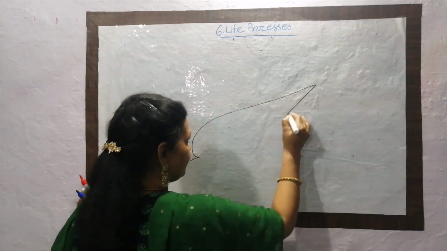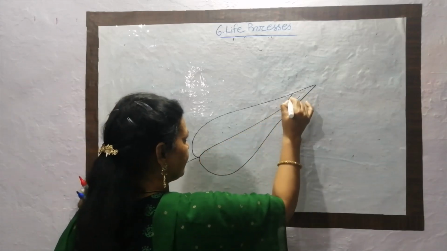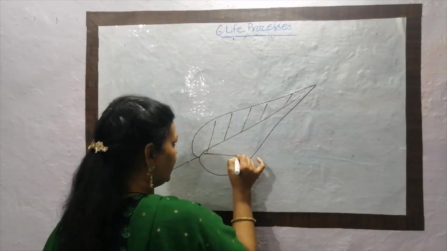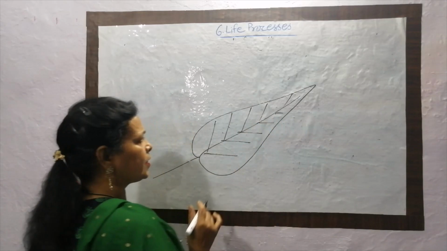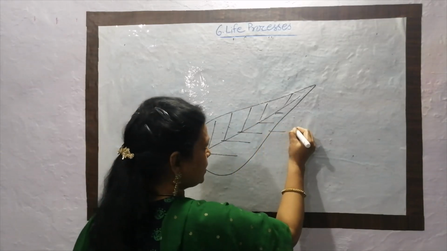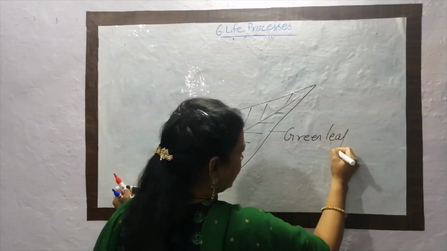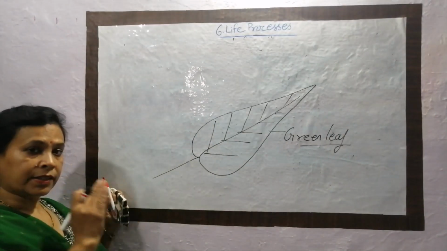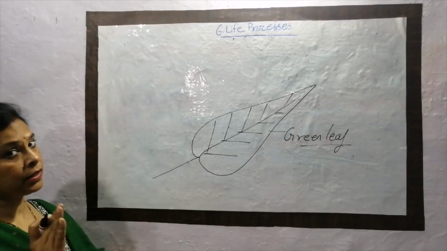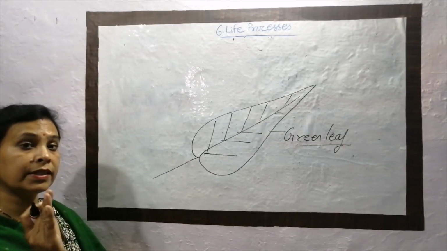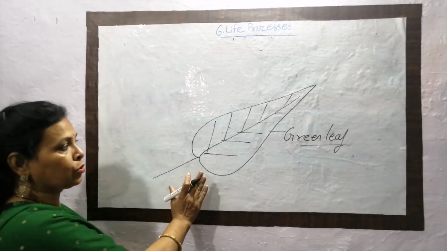This is a leaf. We know that leaves are green in color, so this is a green leaf. Actually, this is the place where photosynthesis is performed by the plant. So what is the site for photosynthesis? That is only the leaf.